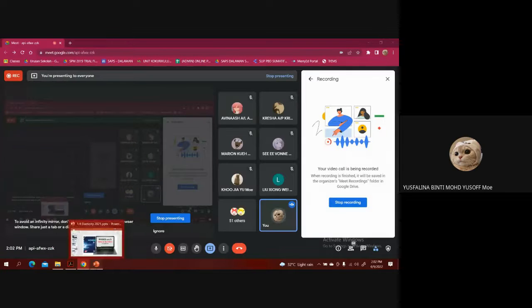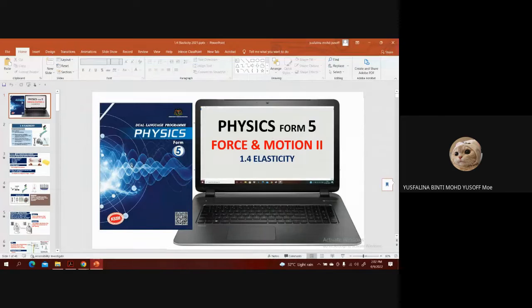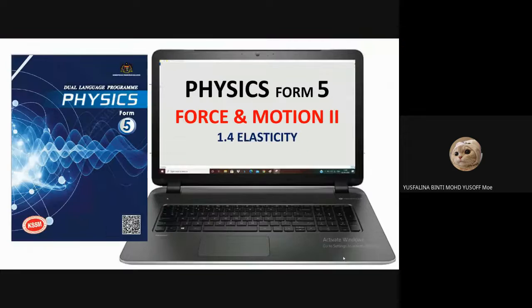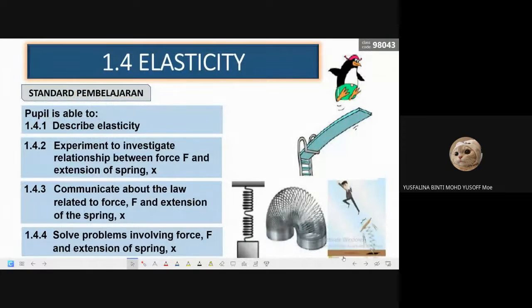So 1.4 is actually elasticity. In this chapter, you will learn how to describe elasticity. You also have to do the experiment to investigate the relationship between the force and the extension of the spring.